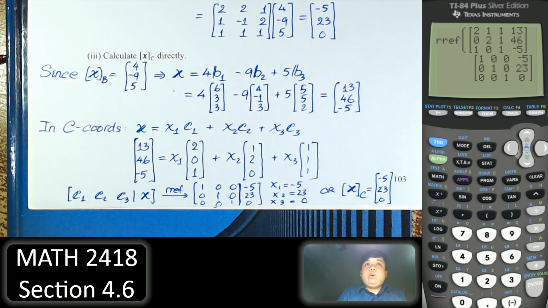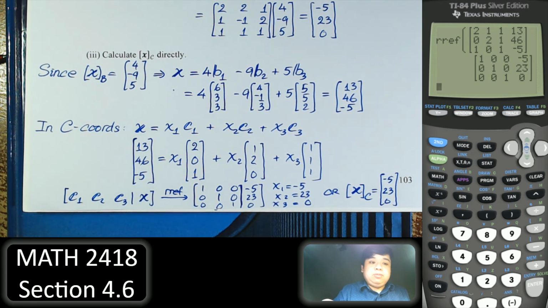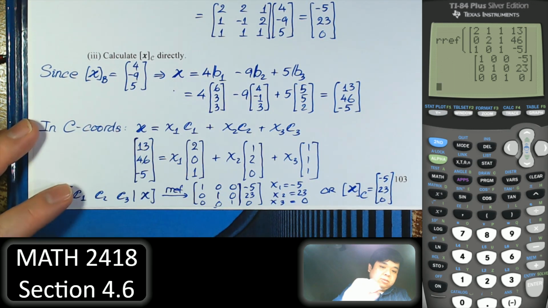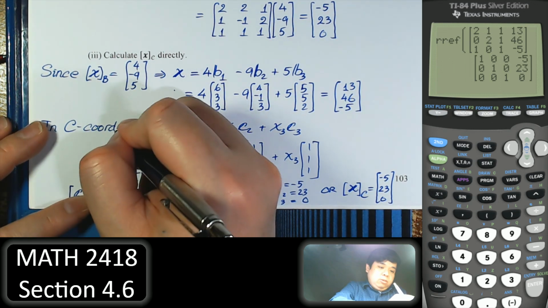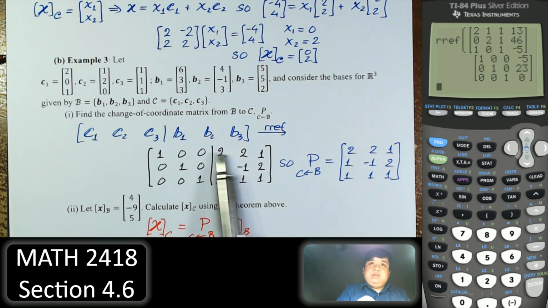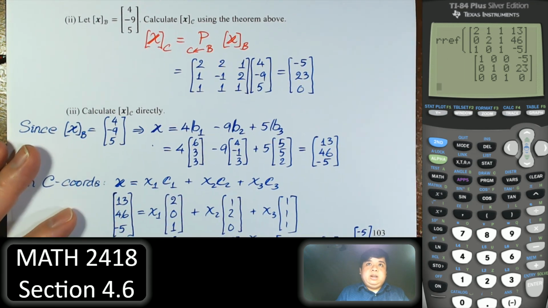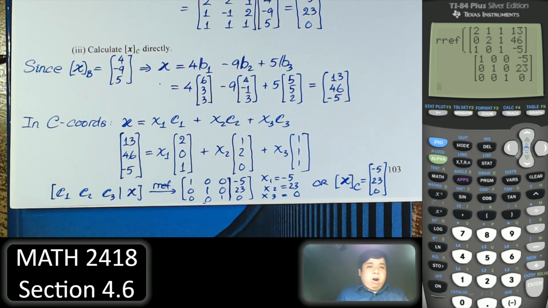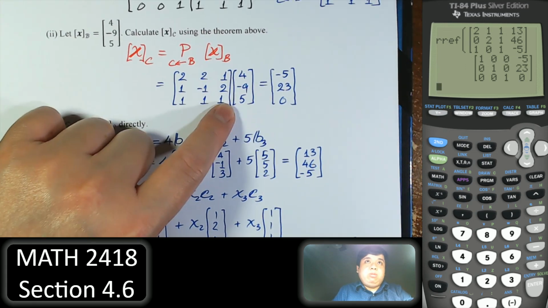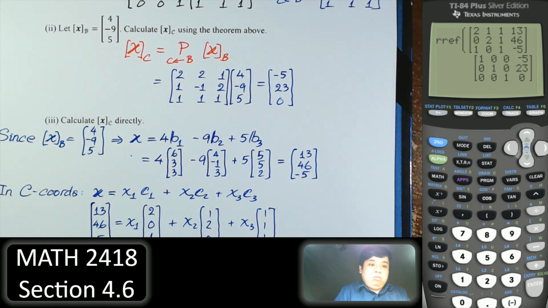So whether we calculate it directly like this, or we use the formula, we should get the same thing. Of course, when this gets more and more complicated, using the matrix form is a lot more convenient.